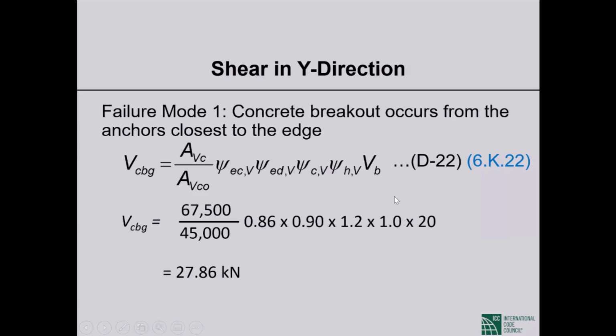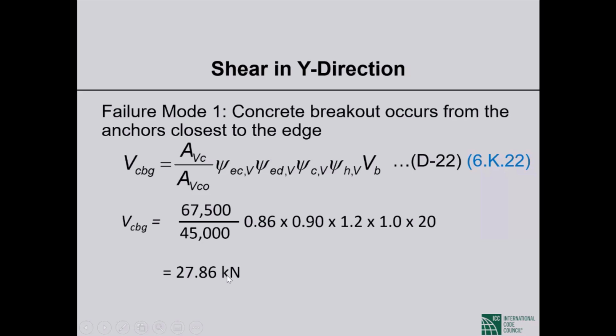So shear in Y direction, the group breakout strength is the A sub V of 67,500 square millimeter calculated value divided by A sub V0 of 45,000 square millimeter calculated value, eccentricity correction 0.86, edge distance correction 0.9, cracking factor 1.2, correction for insufficient depth 1.0, basic breakout strength of 20, which is 27.86 kilonewton.